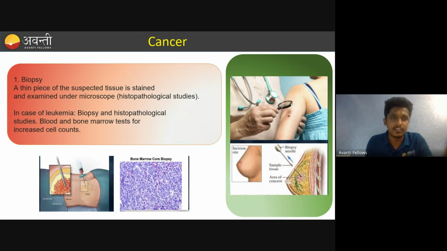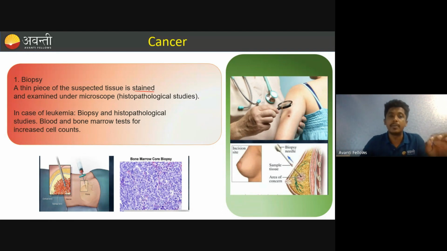You go to a cancer region and pick up some cells or tissues from that region, and then you grow them in the lab and examine them under the microscope. It shows the way the cancer cells are dividing. How many cells per hour are dividing? How vigorous is the cancer?